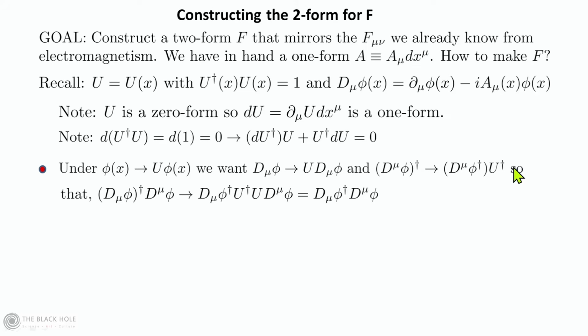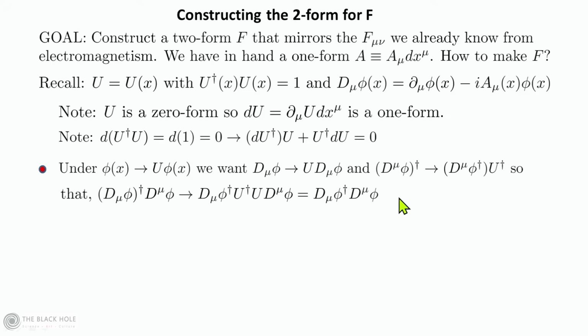You want this so that when you take this quantity, D mu phi dagger D mu phi, you want it to become itself. And it can become itself because if D mu phi dagger transforms like this and D mu phi transforms like this, then the whole transforms like this, and U dagger U is equal to 1, and so it becomes itself.